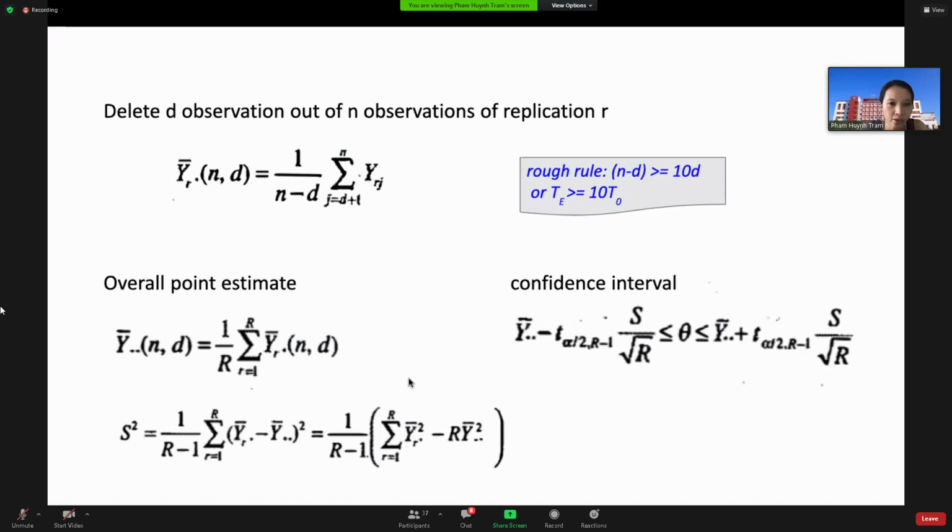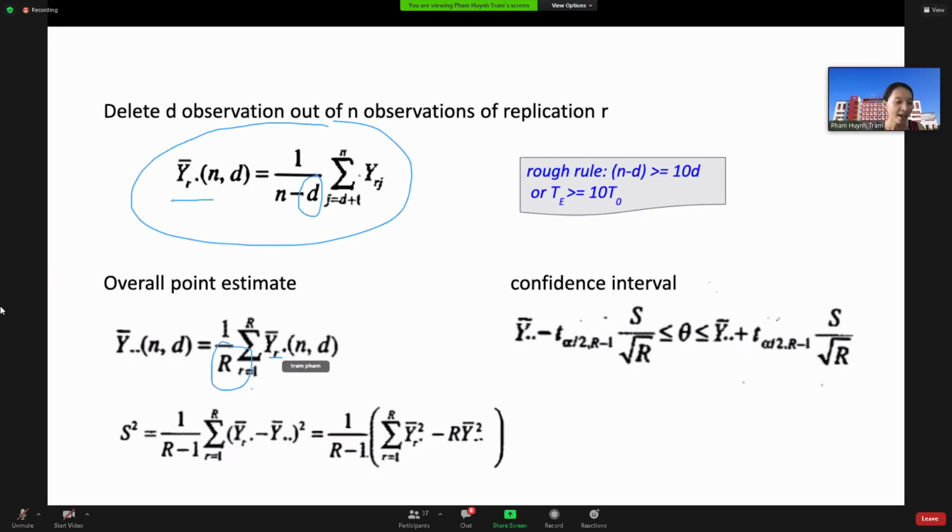So this would be our average for each replication, after we delete the observations during the warm-up period. This is within replication, the average for each replication, and this is the overall point estimate across the replications. Let's say we have R replications, we take the average of the R replications.